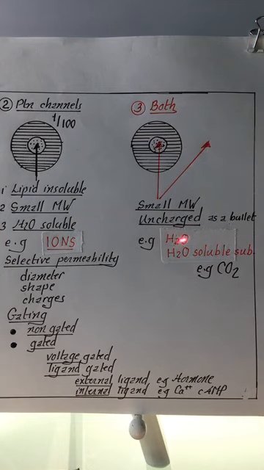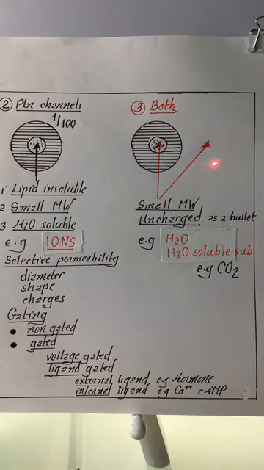The water is lipid insoluble. The water does not dissolve in oil or lipid. How can water molecules cross this lipid substance? They can cross this lipid substance as bullets, depending on the very high kinetic energy.